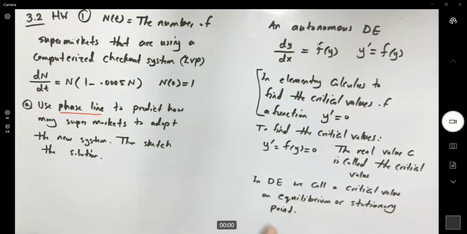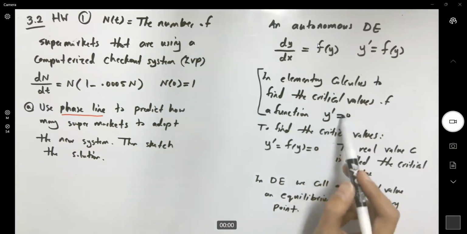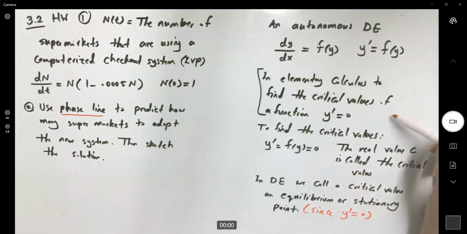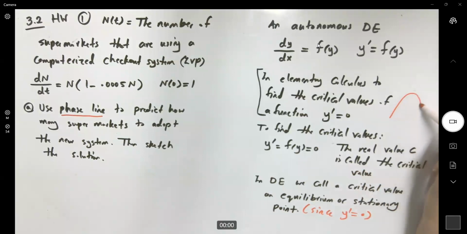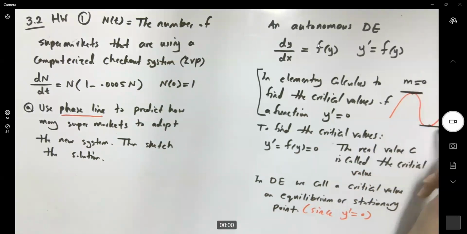So why do we call them equilibrium or stationary points? Remember that you are setting your derivative equal to 0. The rate of change is 0. So you get a stationary point, since y prime is equal to 0. Remember that in elementary calculus, at a maximum or minimum, the tangent line was flat, with slope m equal to 0.